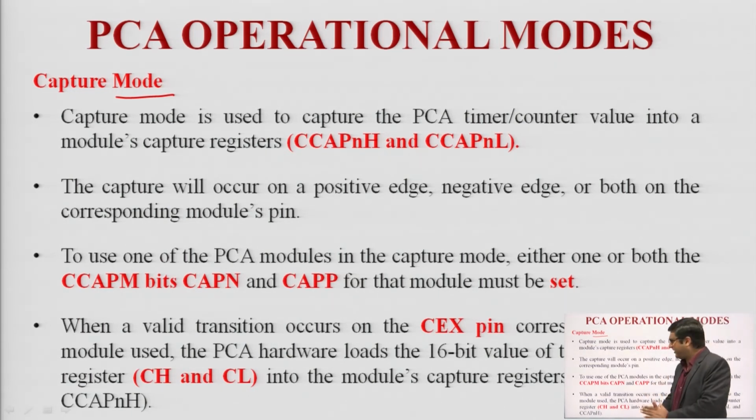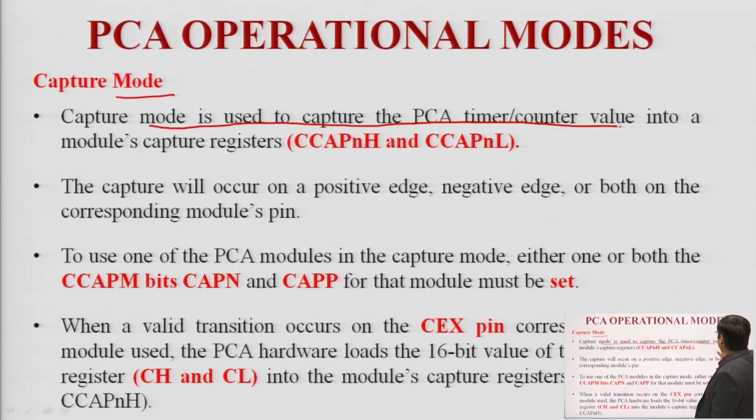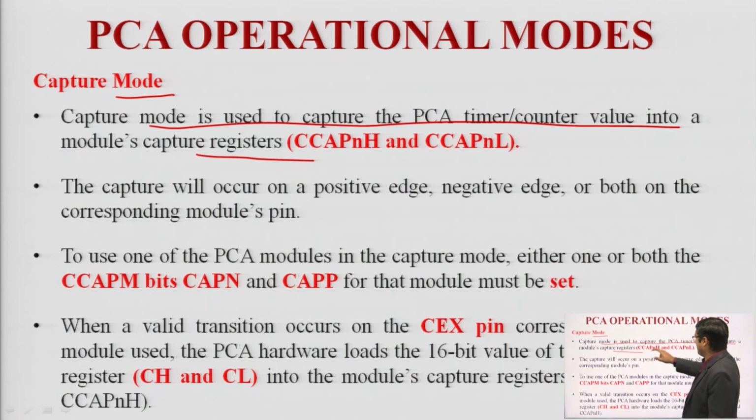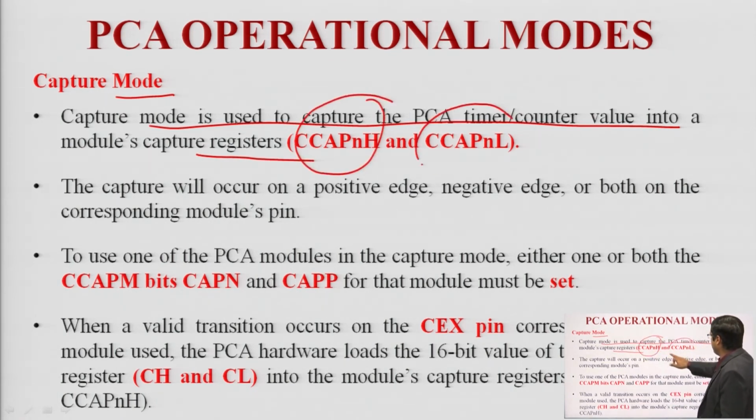Capture is basically capturing the data. So when will capture occur? Capture mode is used to capture the PCA counter value into the module capture registers. We have seen in the previous slide that there are two module registers, CCAP NH and CCAP NL. So when a capture occurs, the value will be stored into these module registers.